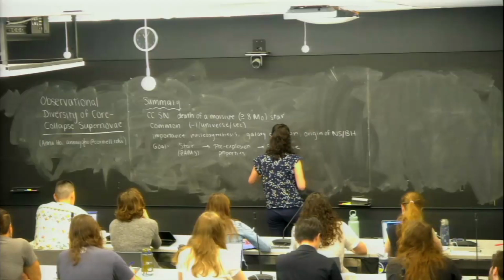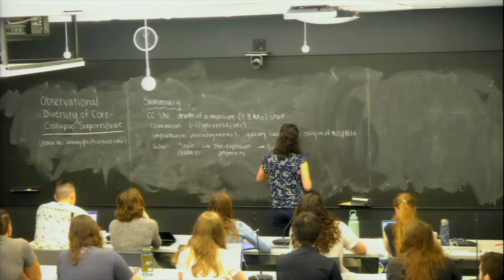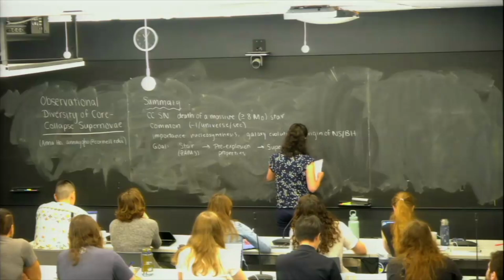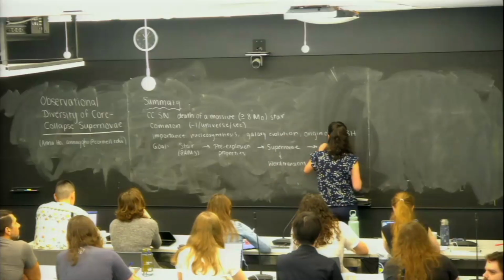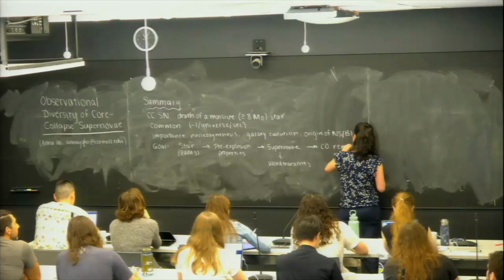You can get all kinds of weird transients. And then all the way to their compact object remnants.